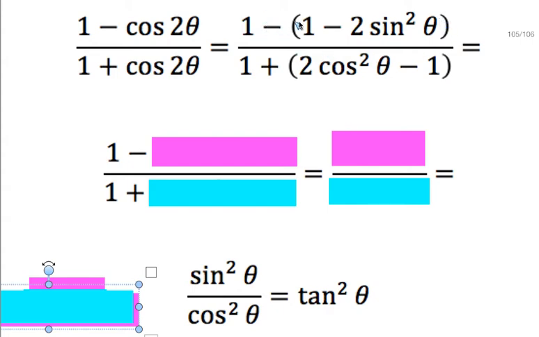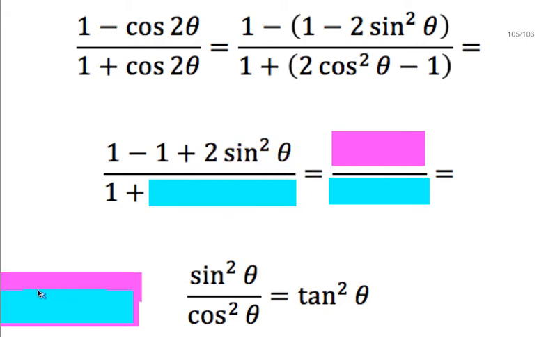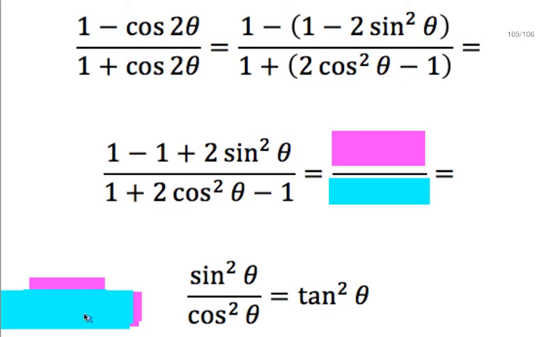If you distribute that, you end up with minus 1 and then plus 2 sine squared theta. It's not as big of a deal in the denominator, because it's just a plus sign. None of the signs change, so you can just get rid of the parentheses.